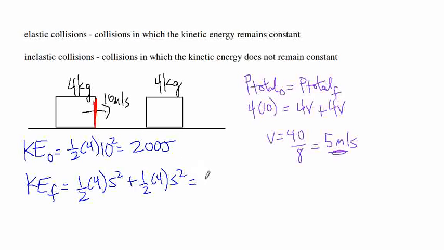So that adds up to 2 times 25 plus 2 times 25, which gives 100 joules. Okay, so the kinetic energy was not conserved.